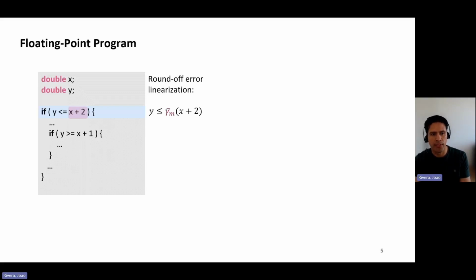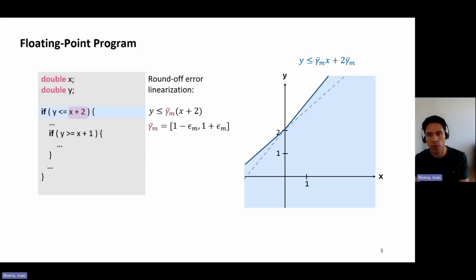What I mean with this is that instead of just having the constraint with x plus 2 in this case, you would multiply this operation by this gamma. And this gamma is just a very, very tiny interval around 1, which models the round-off error that you can have. And this constraint is sound. And if you were to plot it, it would look more or less like this.